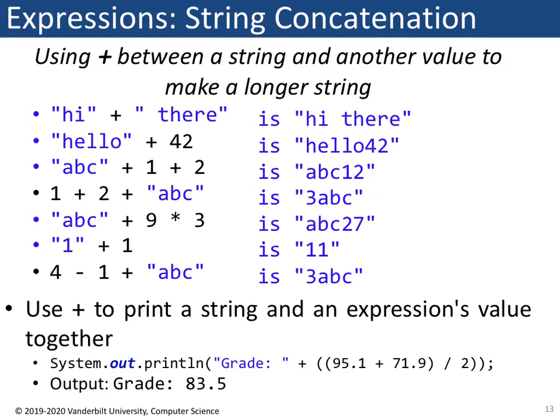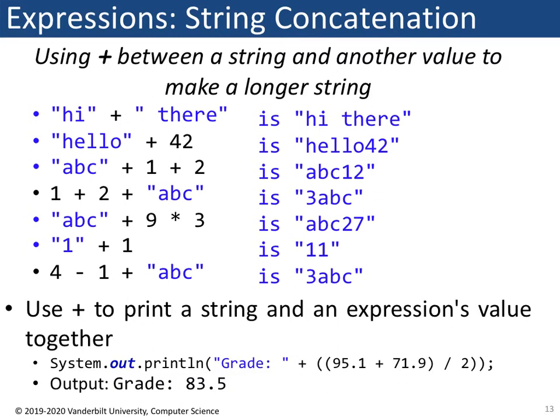But what if we reverse the order? Now we have 1 plus 2 plus "ABC". Again, we evaluate left to right because the pluses have equal precedence. So we have the integer 1 plus the integer 2. The result is going to be an integer 3 because both of the operands have data type integer. Then we have 3 plus "ABC".